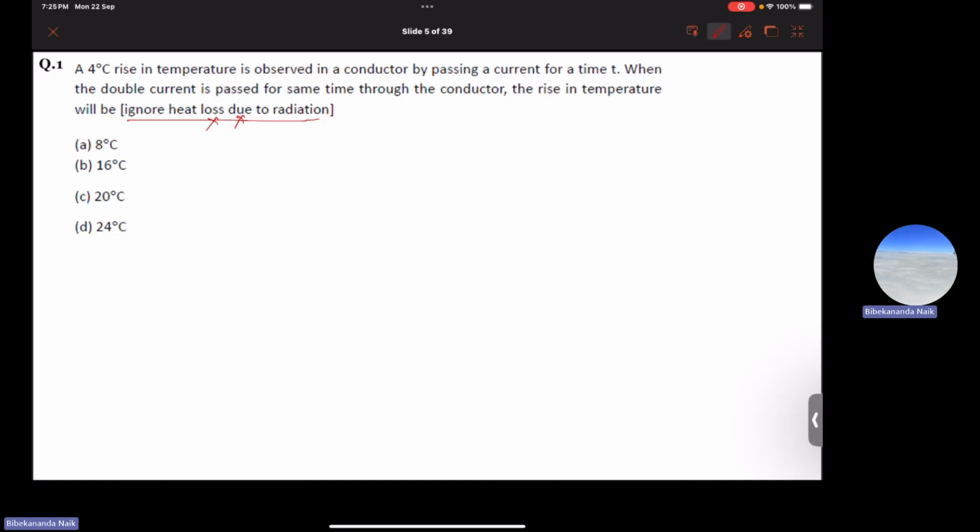We discussed a few minutes ago that the amount of heat energy produced when a current I flows through a conductor having resistance R for a time t is given as Q equals I square RT.